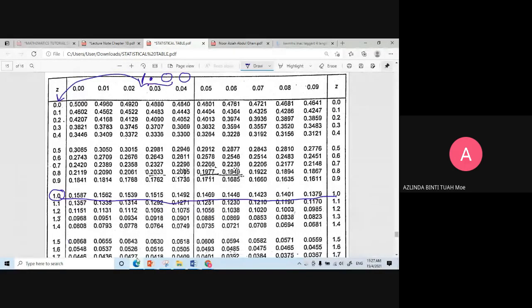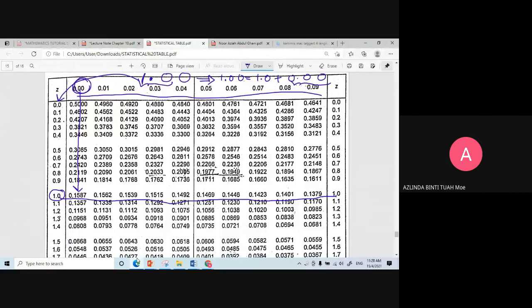Okay, the last digit ini adalah 0.00. Maksud saya 1.00 adalah hasil tambah antara 1.0 dan 0.00. So 1.0 berada di kolom sebelah kiri. Yang second number 0.00 berada di first row, the top row. So 0.00 berada di nombor yang pertama. So turun ke bawah. Inilah jawapan untuk 1.00.